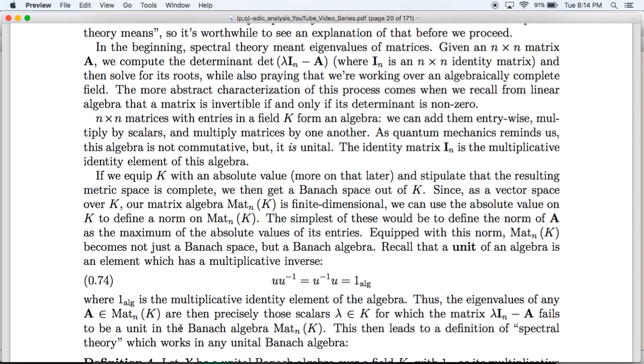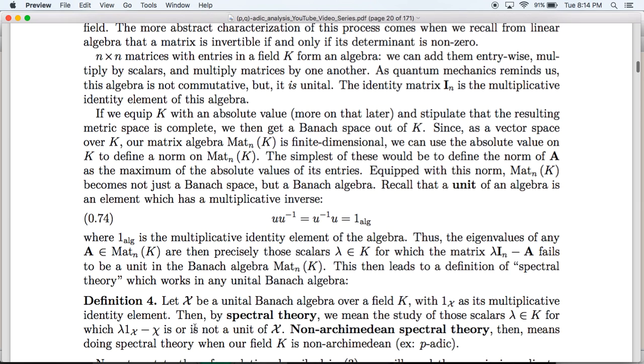This then leads to a definition of spectral theory, which works in any Banach algebra with a multiplicative identity. Specifically, let X be a unital Banach algebra over a field K with 1_X as its multiplicative identity element.